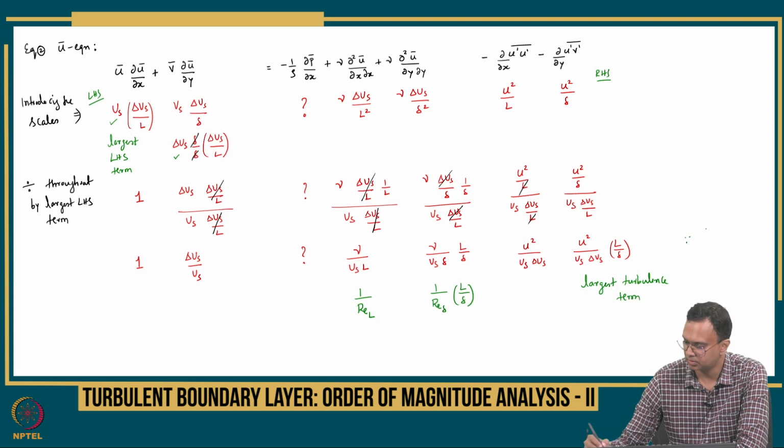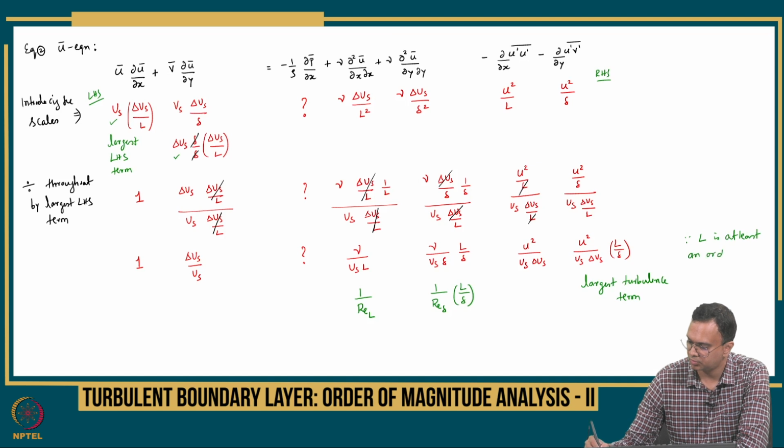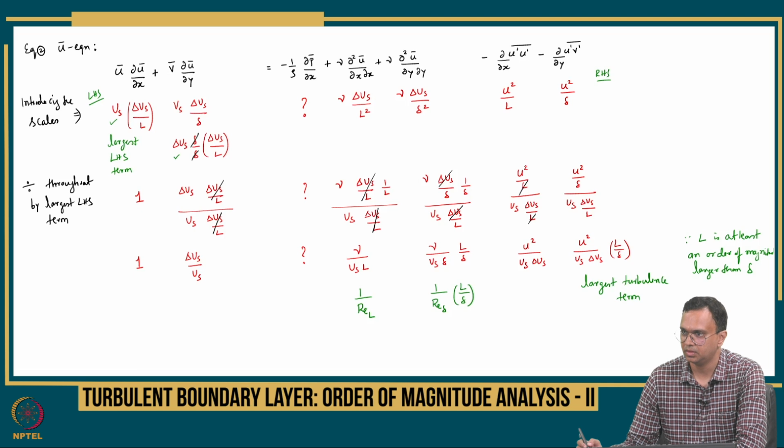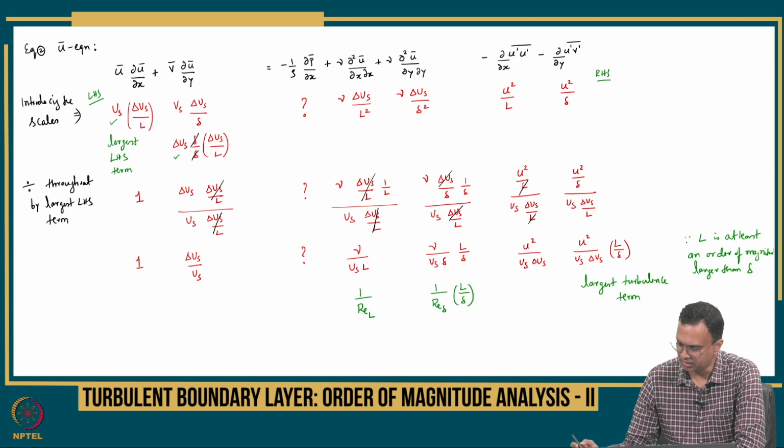Okay, because L is at least an order of magnitude larger than delta. Okay, if delta is 10, L is 100 minimum. That's the consideration we have. So the largest turbulence term is identified.